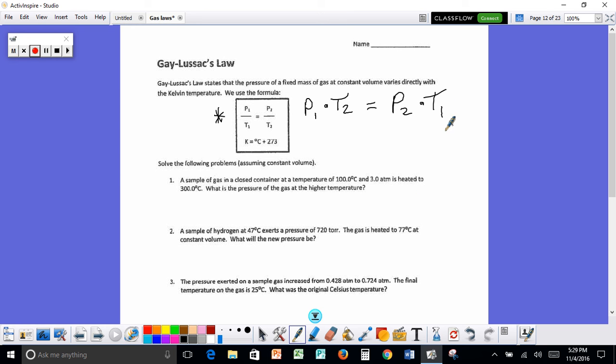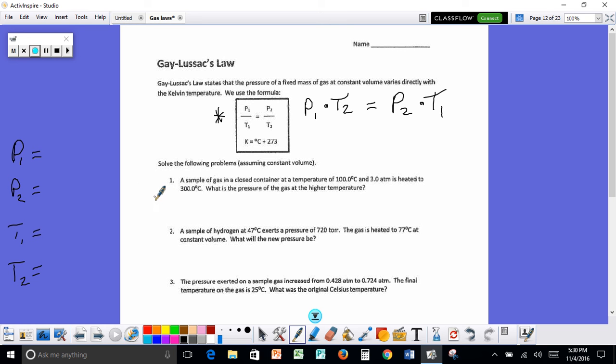Sometimes it's a little easier to manipulate the equation there. So that just means that we need to keep track of P1, P2, T1, and T2 when we're doing these equations.